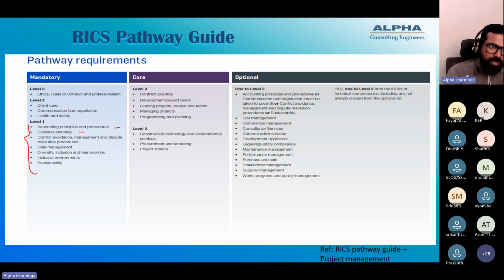Then comes level 2. Level 2 means you must have level 1 understanding and level 2 understanding of that competency. Like in health and safety, you must have basic, theoretical knowledge of that competency, and level 2 means doing or demonstrating it practically.